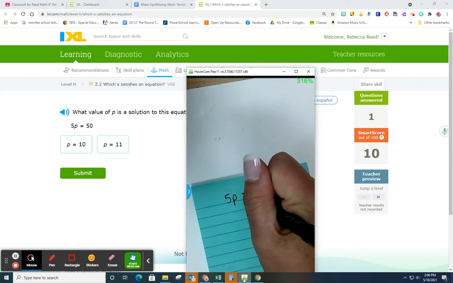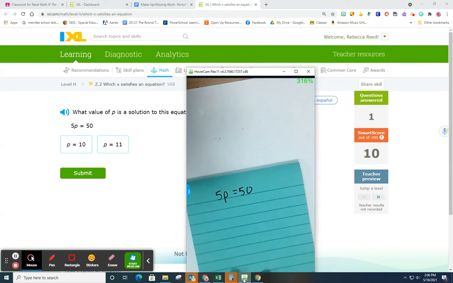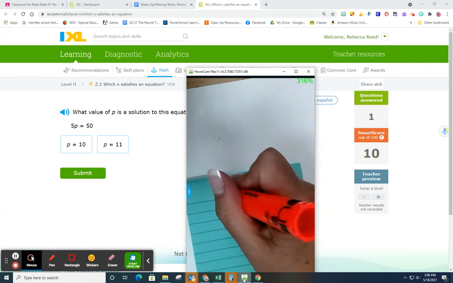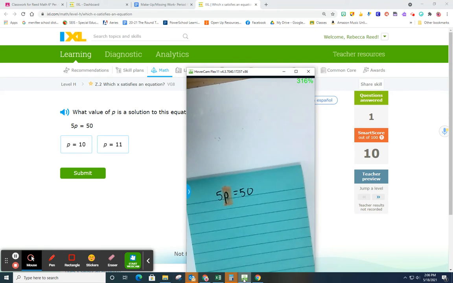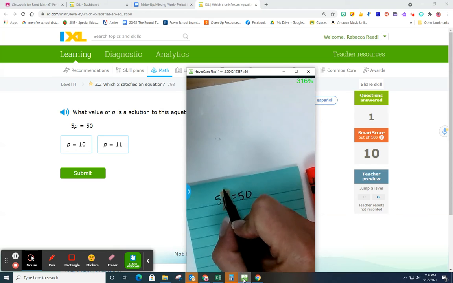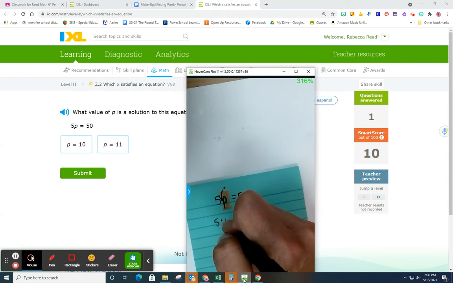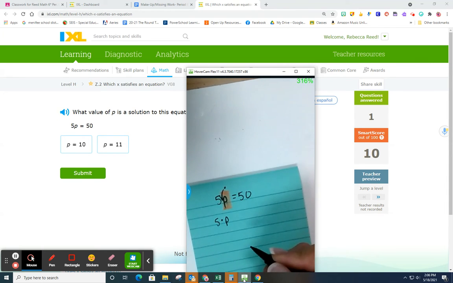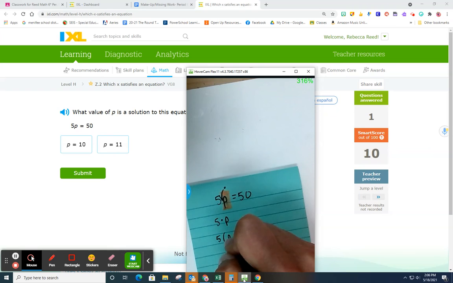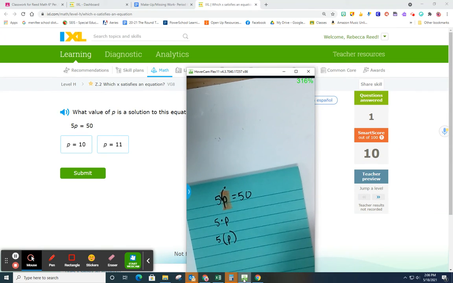5p equals 50. Well, remember, anytime I have a number next to a letter, that variable, right? This means that we're multiplying right here. This is the same as 5 times p, or 5 groups of p, or the same as 5 with p in parentheses.